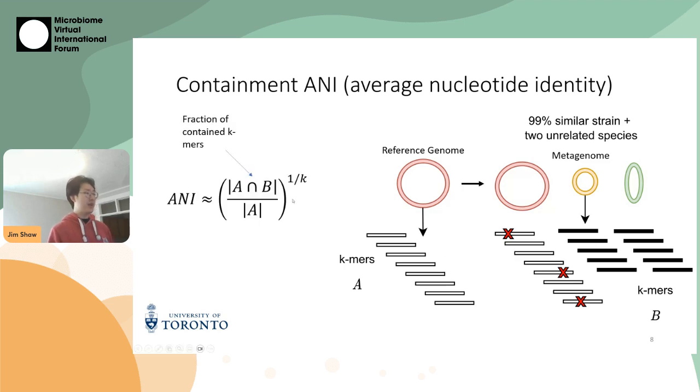So you can apply this formula, which tells you that the ANI of the genome to the metagenome, this containment ANI, is a function of the fraction of contained k-mers. I won't go into this formula in detail, but the main takeaway is that you can go from k-mers to ANI, which is really nice.